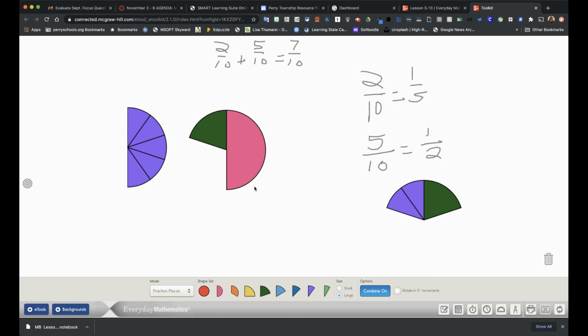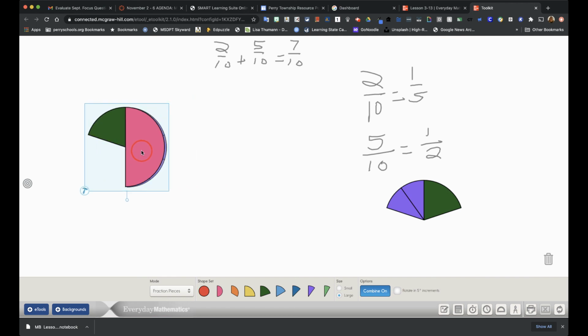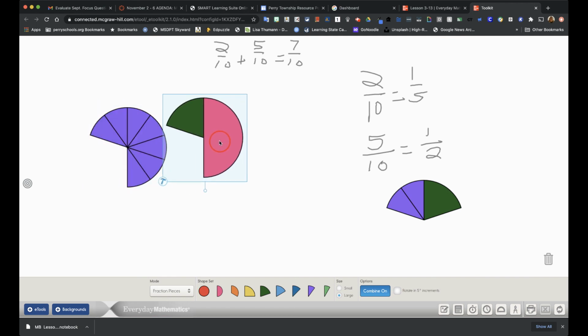And we see that that is a half. And then if we add 2 more up here, and we can move them right there, you'll see that we have the same shape. So it took 7/10 to equal our 1/2 plus 1/5.